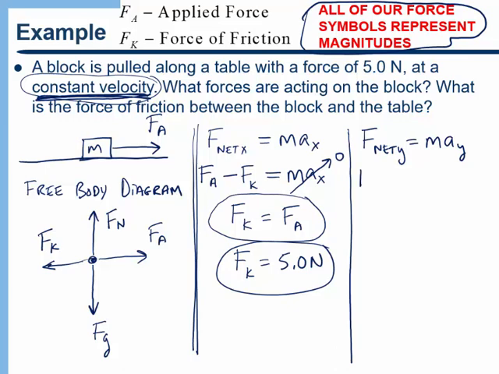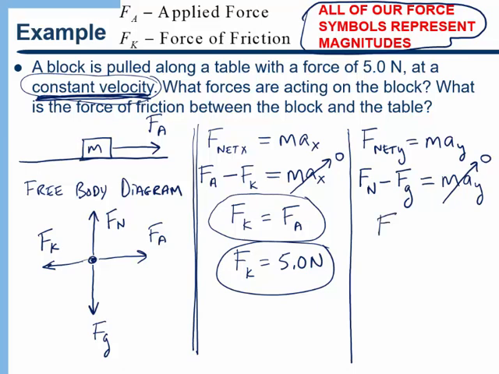We have two forces, the normal force and the force of gravity. The normal force is up, gravity is down. So I'll write Fn minus Fg for the net force. Now, what's going on in terms of the acceleration? Is this object accelerating in the y direction? Well, the answer to that is no. It's not going down through the table or leaping off the table. So that's 0.